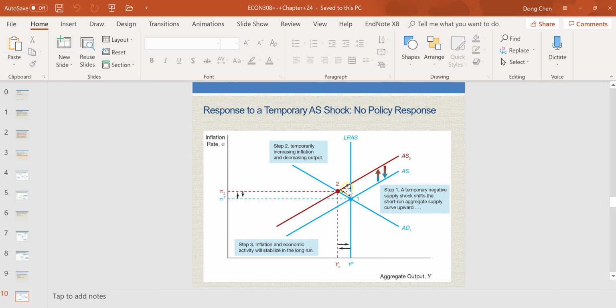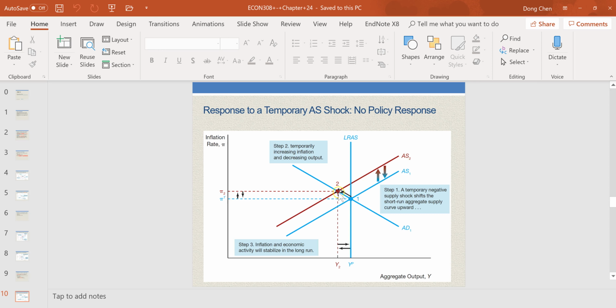This is a negative, temporary supply shock, and the economy moves from point 1 to point 2. So inflation goes up and output falls below the potential level. Because output is lower, there's excess slack in the economy, and that can put downward pressure on prices, hence on inflation. So expected inflation goes down, which has the potential to drive down the temporary AS curve.